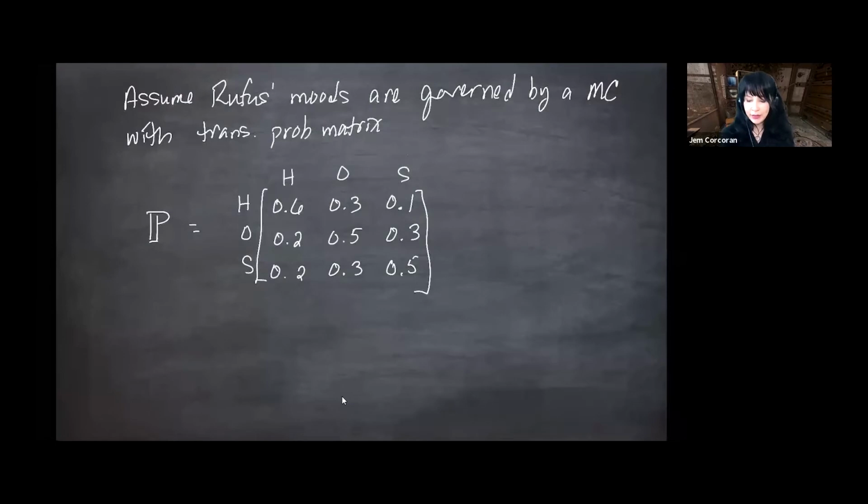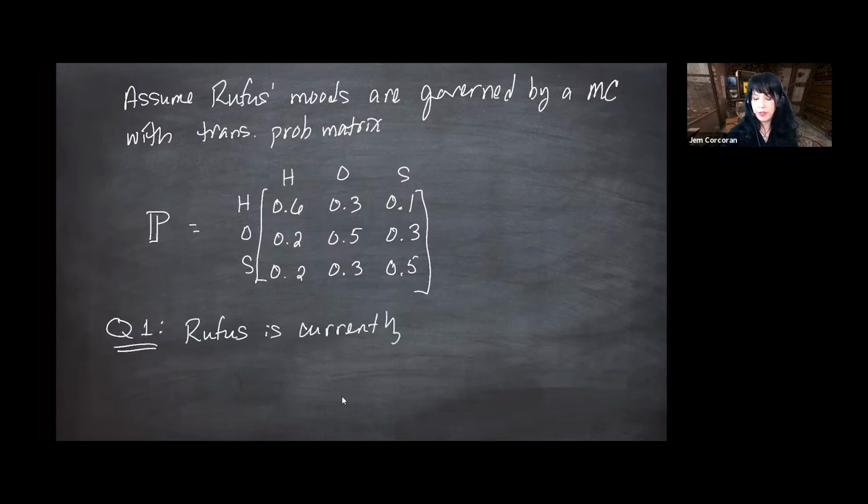Okay, so here are my questions. I have a few. The first one, question one: Rufus is currently happy. I'm writing really fast, trying not to have too much dead time. And I want to know the probability that he is not sad on any of the 3 following days.